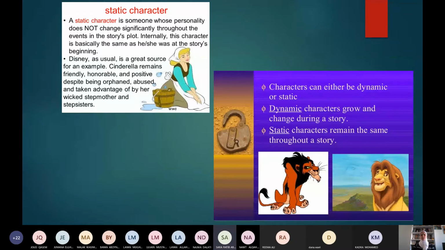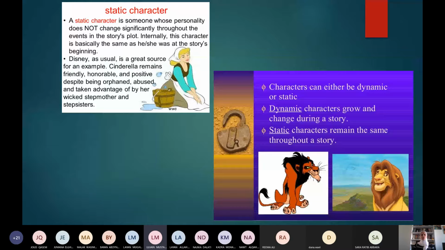Miss, Aladdin. Aladdin, huh? But Jafar, he was a static character. He didn't change. He stayed a bad, evil character. Yes. So Jafar was an evil character, and he remained evil.